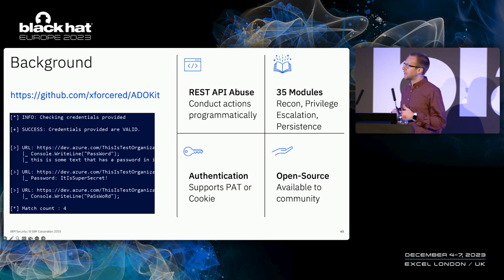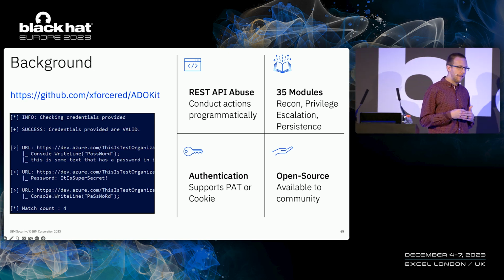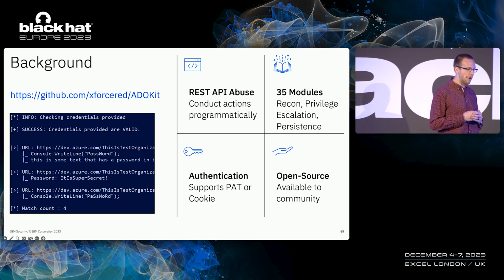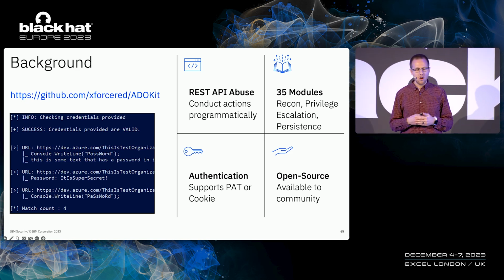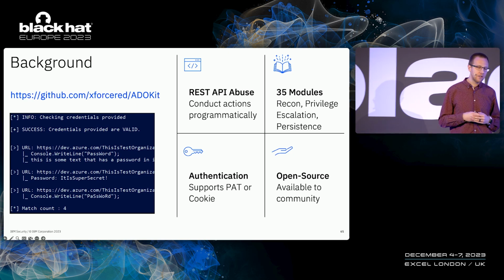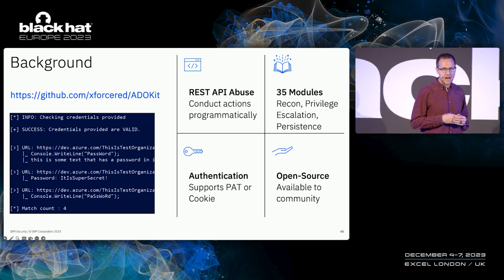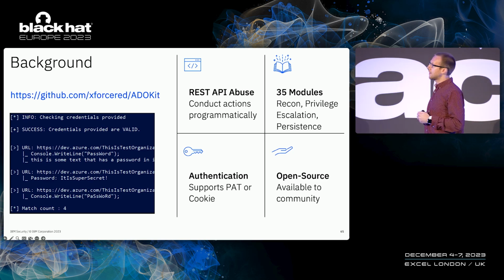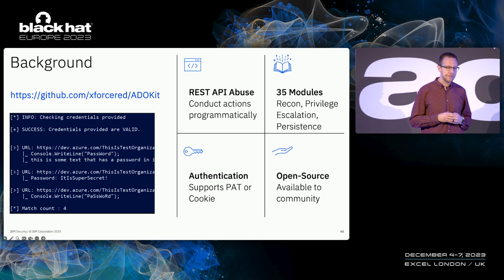So ADOKit, I just released it this week. It is a C# command line tool, so you can use it, for example, on a file system or in memory on a command and control framework. It allows you to conduct actions programmatically using the REST API in Azure DevOps Services. I've got 35 different modules that include reconnaissance, privilege escalation, and persistence.